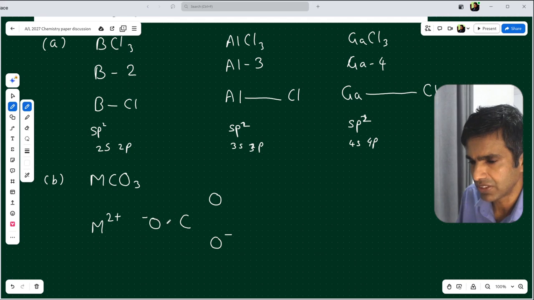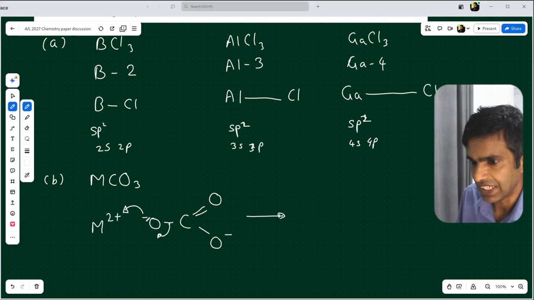Therefore, we can mark the negative charge on oxygen atom. So what happens? This M cation attracts electrons from this oxygen atom. We can mark that attraction like this. When electrons are attracted from the cation, what happens? The carbon-oxygen bond dissociates, taking bond electrons by the oxygen atom.